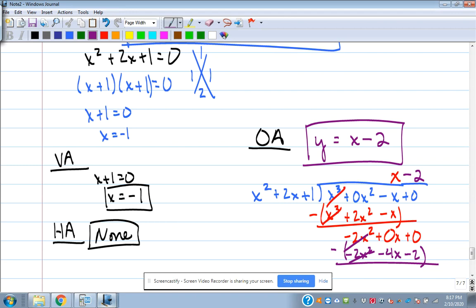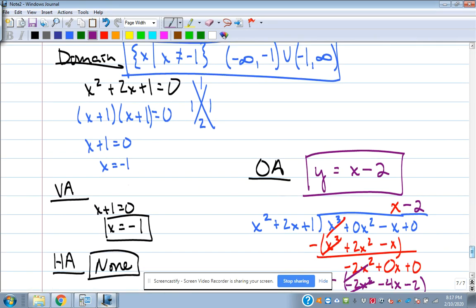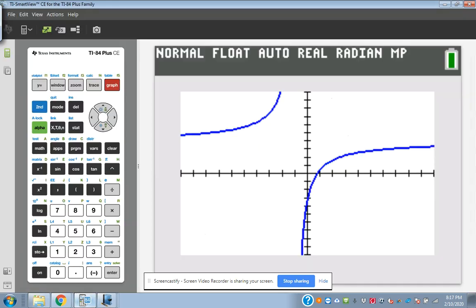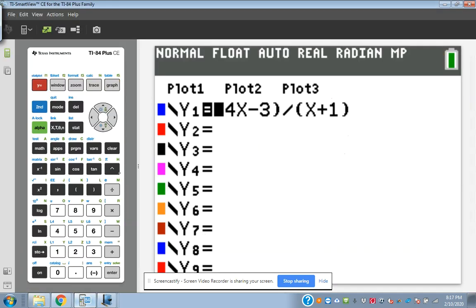For an oblique asymptote, you should be able to find it in two steps of long division. You don't have to do the full long division, just 2 steps of it should get you a slope-intercept form of an equation, and that is your oblique asymptote. So let's look at the graph of this, and again, I'm just going to go back to the original, x cubed minus x over x squared plus 2x plus 1.